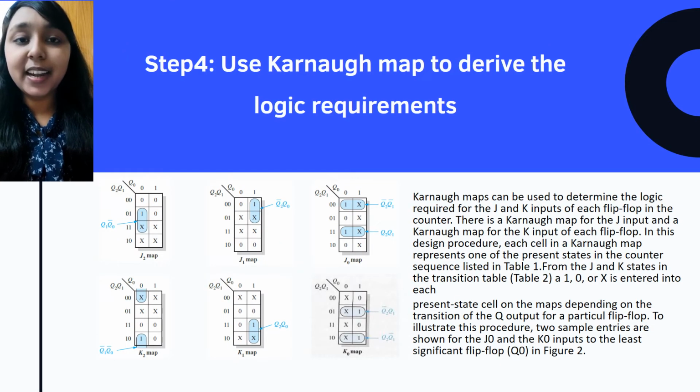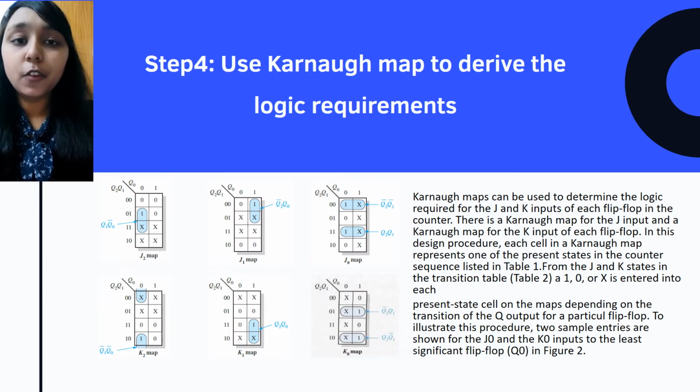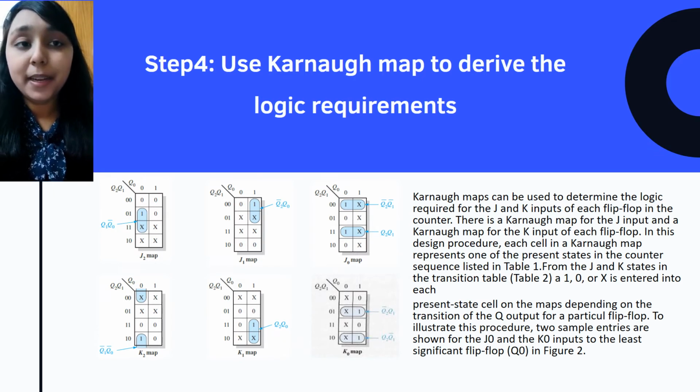Step 4. Use Karnaugh map to derive the logic requirements. Karnaugh maps can be used to determine the logic requirement for the J and K inputs of each flip-flop in the counter. There is a Karnaugh map for the J input and a Karnaugh map for the K input of each flip-flop. In this design procedure, each cell of the Karnaugh map represents one of the present states in the counter sequence listed in Table 1.